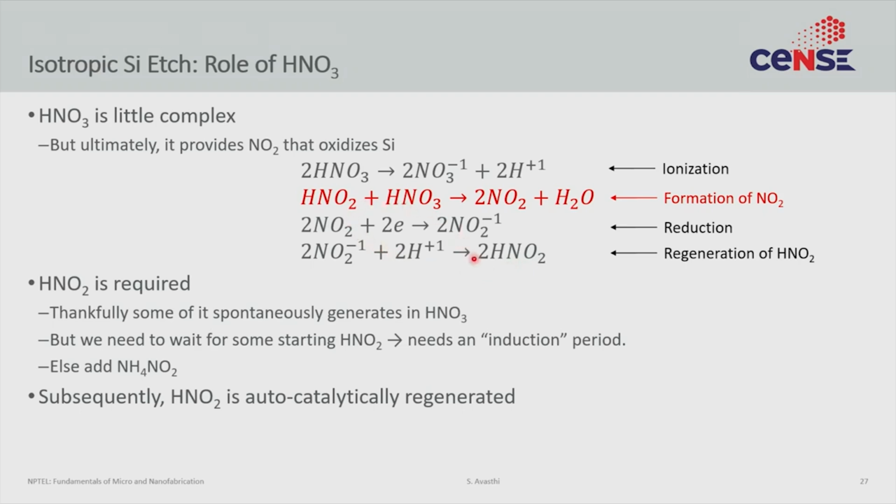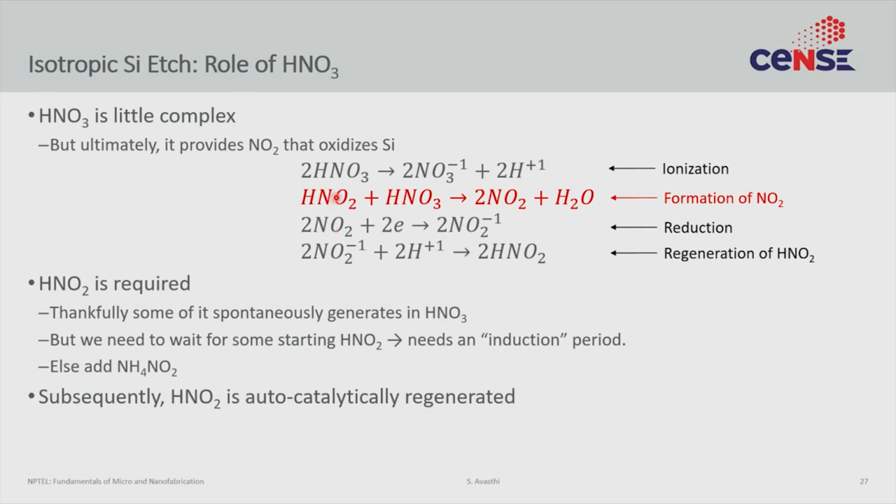Through this whole mechanism, HNO2 is just participating as a catalyst. In fact, it is what we call a self-generating or self-regenerating catalyst. It's sort of a chain reaction. Even if you have one molecule of HNO2, if you give the solution enough time and something to react on or something to oxidize, the system will automatically generate more HNO2, which will enhance the oxidation ability of the HNO3.